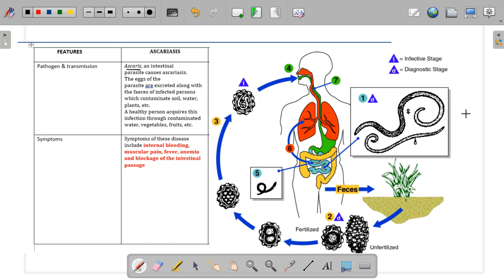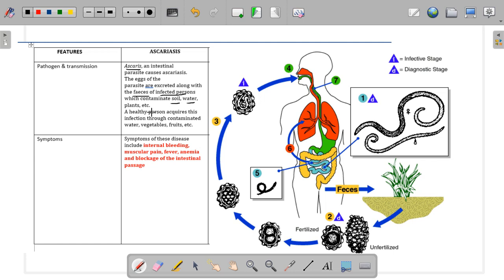These Ascaris parasites are the ones which can be transmitted through the air, especially. When they lay eggs, the eggs are excreted along with the fecal matter of an infected person, and these eggs started to contaminate the soil, water, and plants.